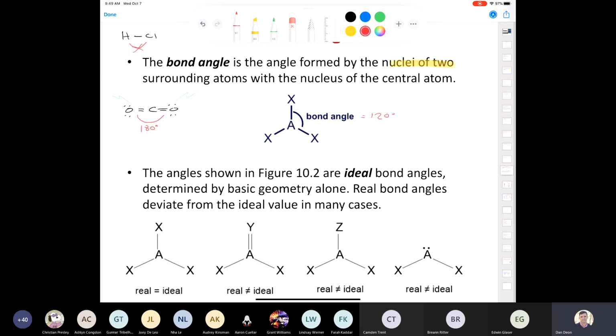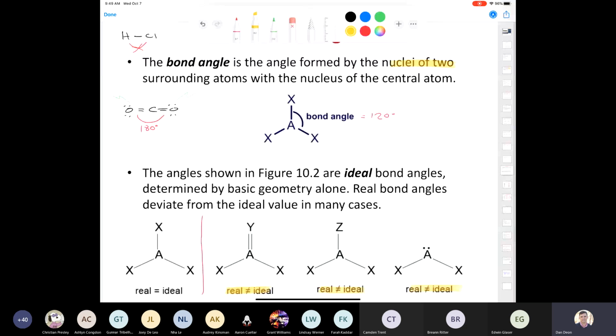Now, if we have a central atom, shown down here on the bottom left, where that central atom is attached to 3 atoms and they're all identical, we have X, X, and X. They're all the same. Well, in that case, the bond angle probably would be exactly 120 degrees. But if you look at the next 3 examples, in all 3 of these scenarios, the ideal angle is not going to be the same as reality.